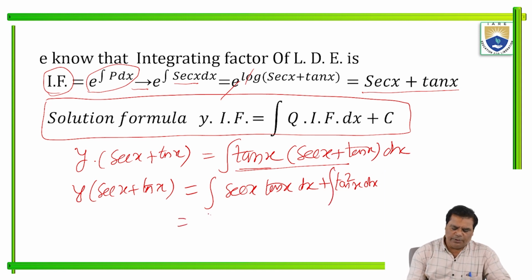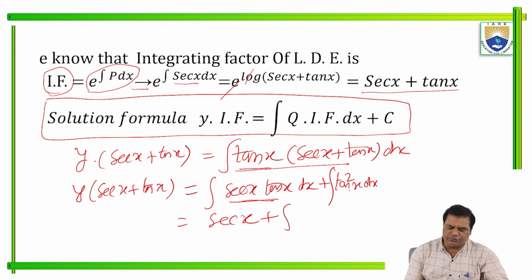Now the integration of sec x tan x is sec x, and plus the integration of tan square x. Tan square x means sec square x minus 1, dx.